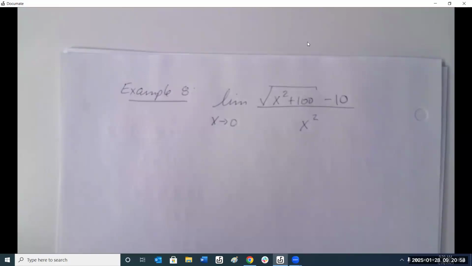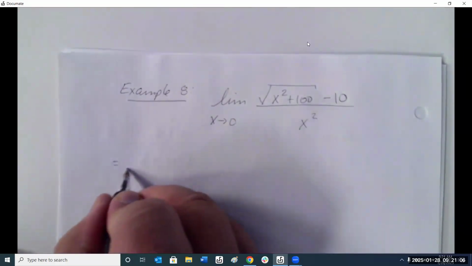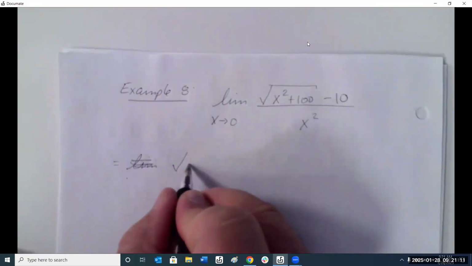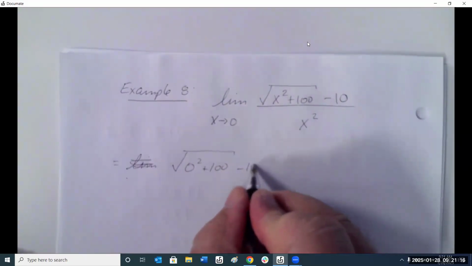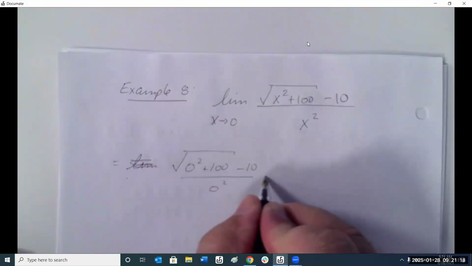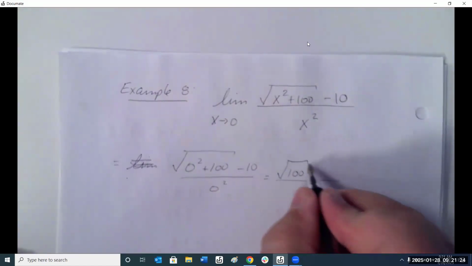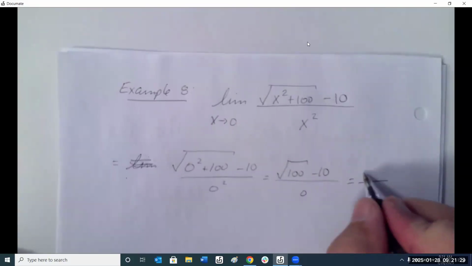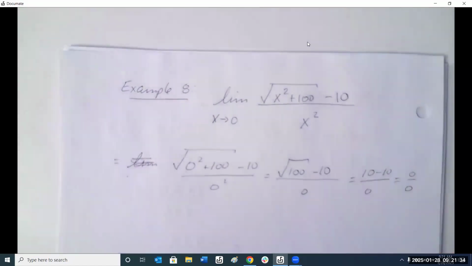If you put 0 in there, what do we get? So let's put 0 in there. So we have 0 squared plus 100, minus 10, over 0 squared. So we have the square root of 100 minus 10 over 0. Square root of 100 is 10. So we have 0 over 0.